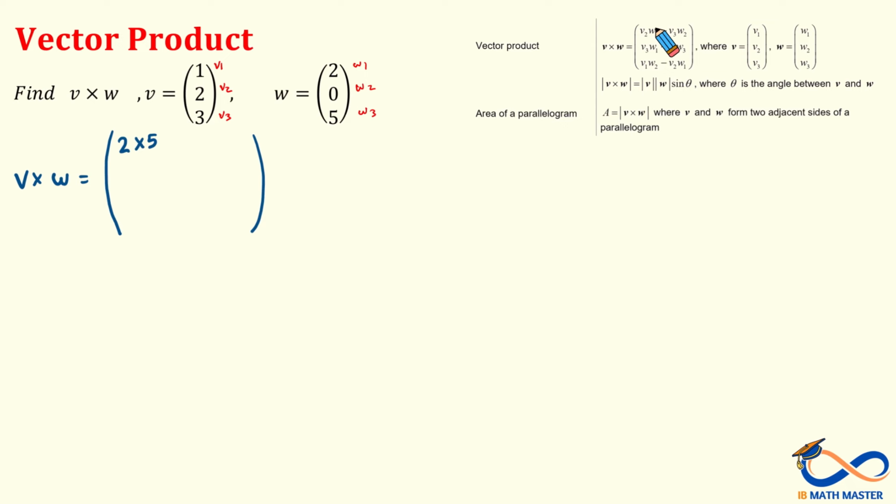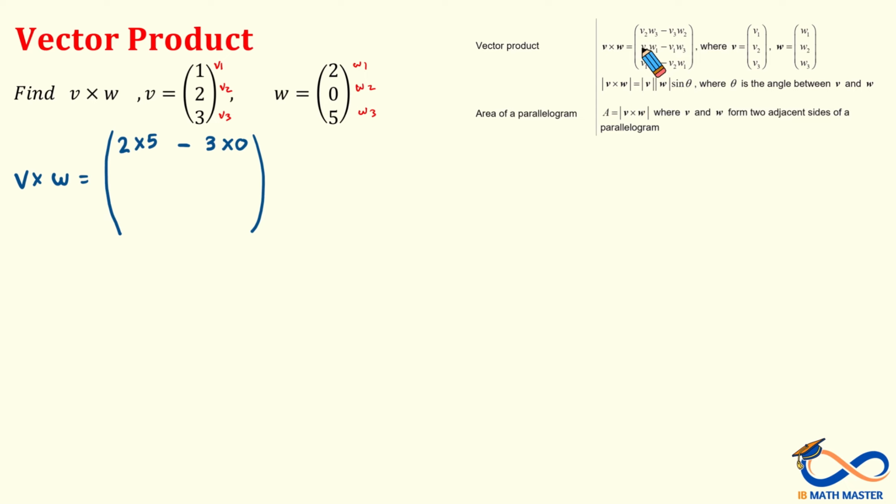Then we have minus from the formula. Then minus V3 multiplied by W2. So V3 here, which is 3, multiplied by W2, which is 0. So we have here 3 multiplied by 0. Now, in the same way, we will go to the second line here, the y component.